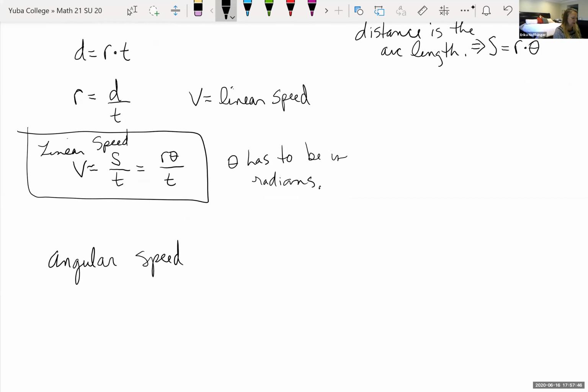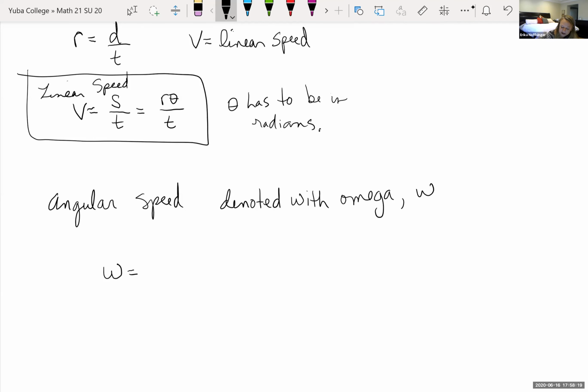Angular speed is going to be denoted with the Greek letter called omega, which kind of just looks like a W. So omega, the angular speed, is equal to theta, the distance of our angle that we have swiped across, all over t.